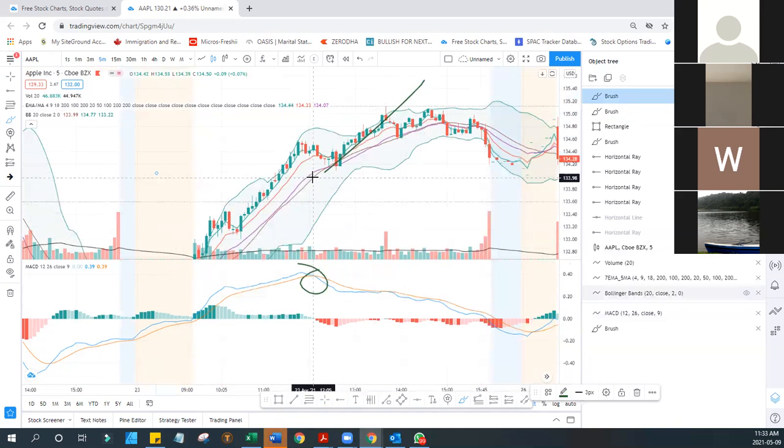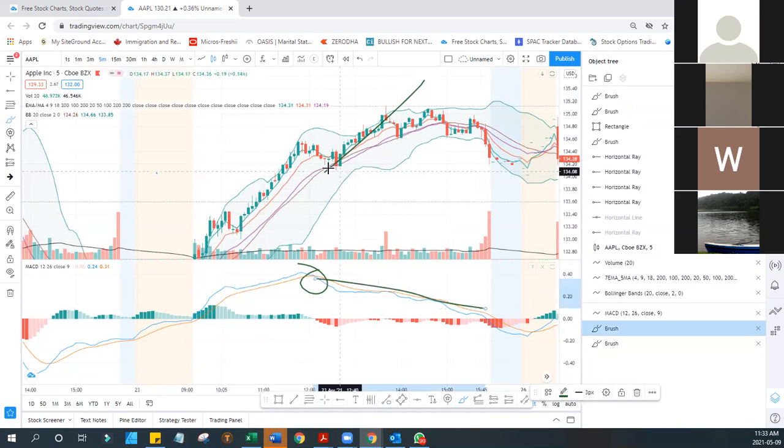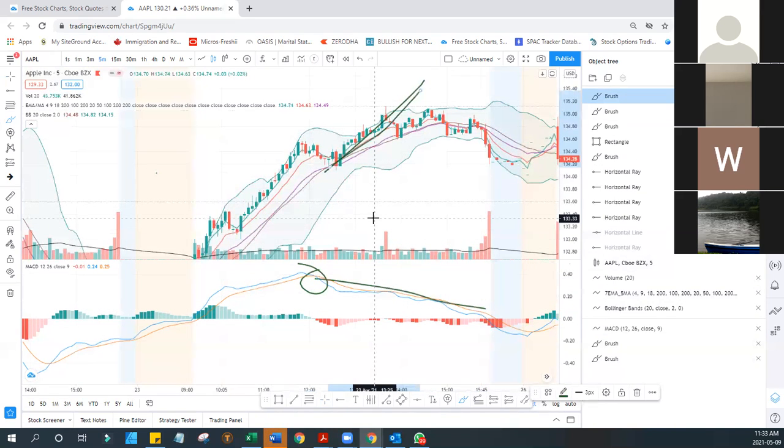At the same time, the Bollinger Band 20 EMA was supporting you as well. But what did the MACD do? MACD was down where the price was up. So whom are you going to trust? If you're short here, you will lose the money. Does it make sense why I don't use MACD?